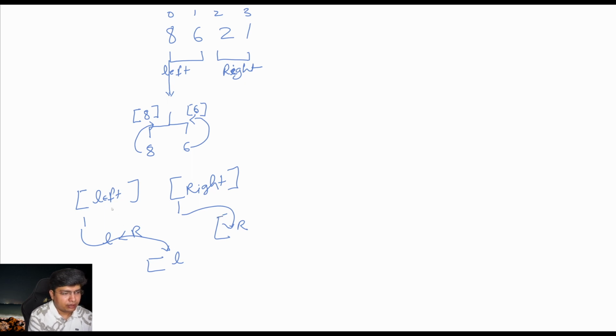And once either the left or right array is empty, there might be a possibility where the arrays are not of equal length. Here we see that both have the same length, one element each. This is one important thing that we need to remember: arrays might not be of equal length, and once any one of the arrays is exhausted, we just append the leftovers at the end of the array that we are constructing.